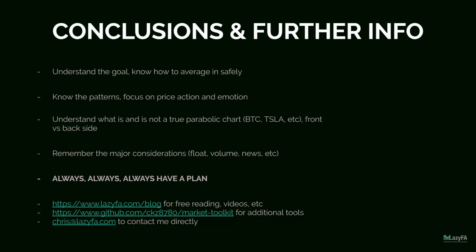I always try to keep that in mind when you're working with parabolic trades and fast moving volatile stocks. You never want to throw all your eggs in one basket right off the bat. Start with 25% of what you ultimately want on that position, and then add the other 75% as it starts to work for you. Number 2, know the patterns, focus on your price action and the emotion in the trade.